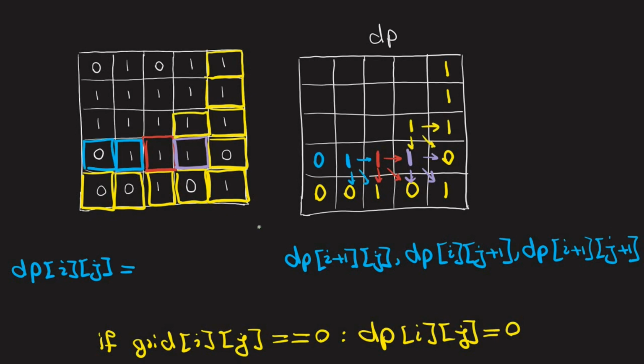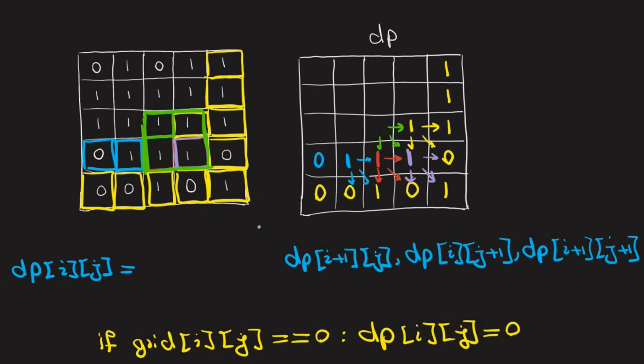Okay, now let's consider this cell here. So for this cell, what we are gonna look is here, here, and here, and we see all of them are 1. So it is possible to merge this cell to the cells around it and make a bigger square. So we can create this one as a 1 square.